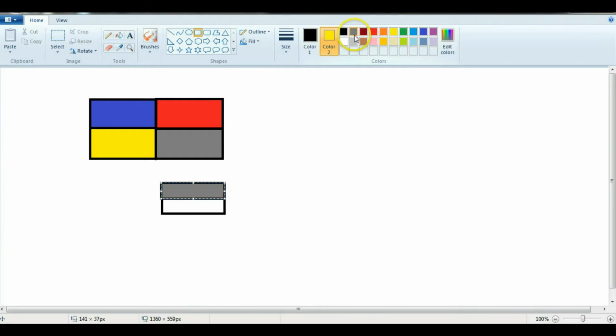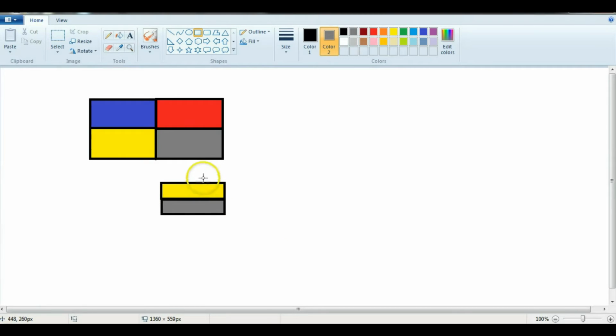Actually, let's leave that yellow, and then we're going to change the second color to gray, and that's going to be our population right there. And then we say, okay, well, there's our sample. Okay, and what will we say? Well, we would say that doesn't look like the population either.